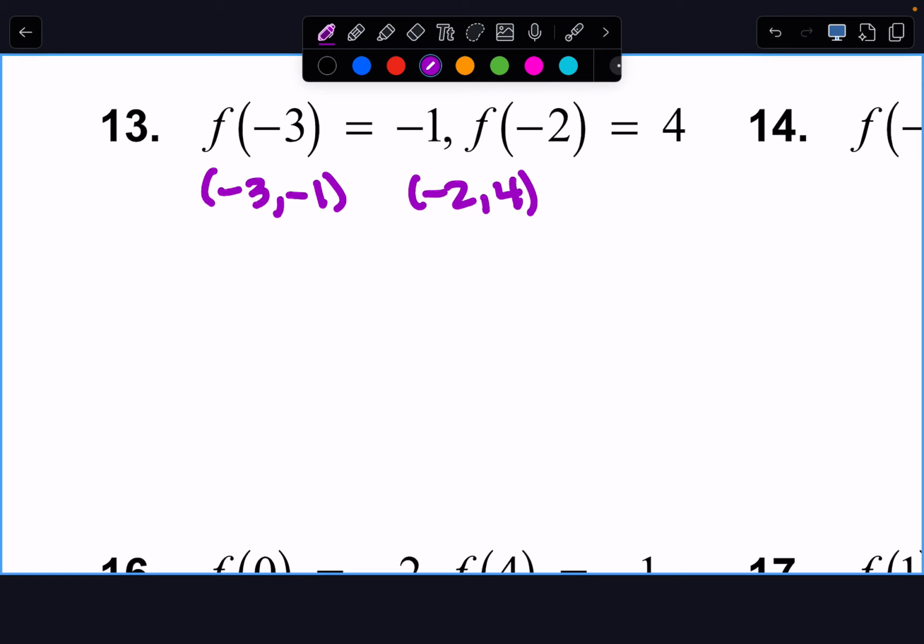Okay, if that helps you, write it. If I need to write the equation of a line, what do you suppose is something that we need? Slope. We're going to need the slope. No matter what line we're talking about, if we're going to write its equation, we got to have the slope. Go and find me slope.